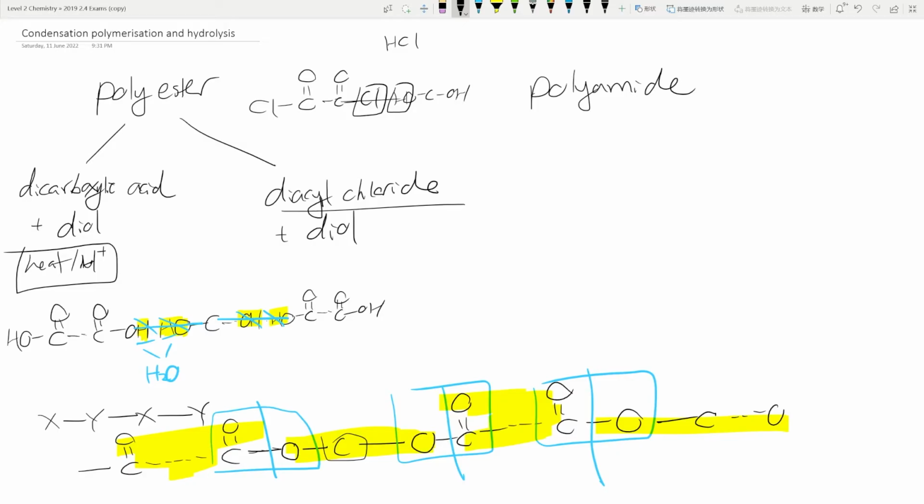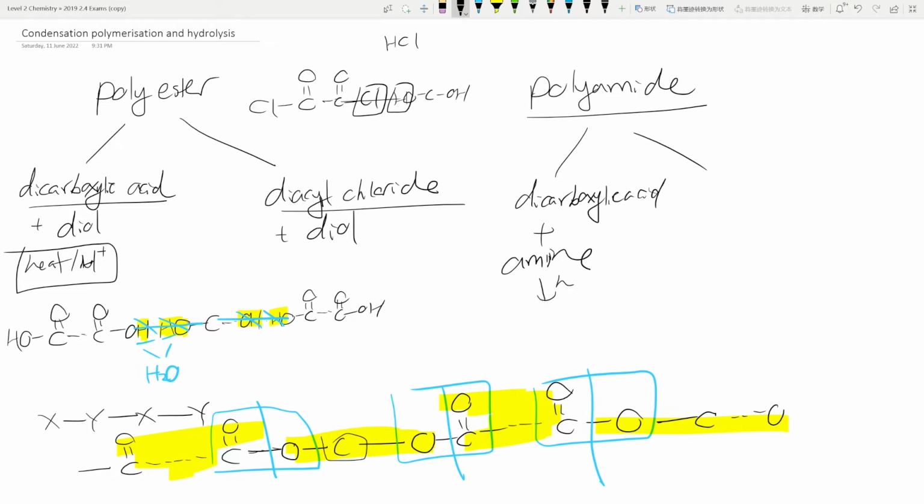The polyamide is exactly the same thing, except instead of using a diol, you still use a dicarboxylic acid, and this time you have an amine, and you have to heat this.